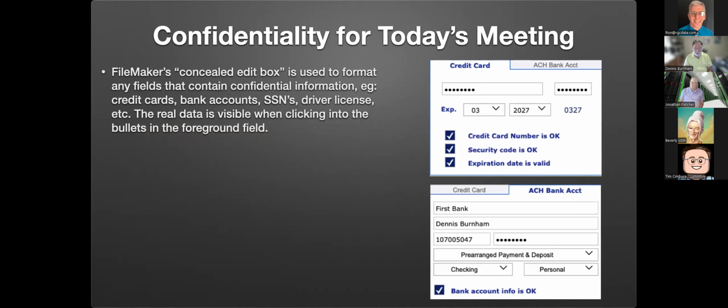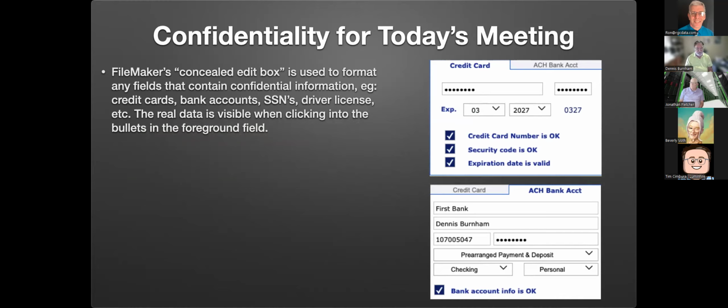So here's an example of how FileMaker's edit box is used. What you're looking at is the way that something looks for a credit card in the top picture and the bank account in the bottom picture, where the numbers that are exposed are not risky or confidential, but the ones that are hidden are.